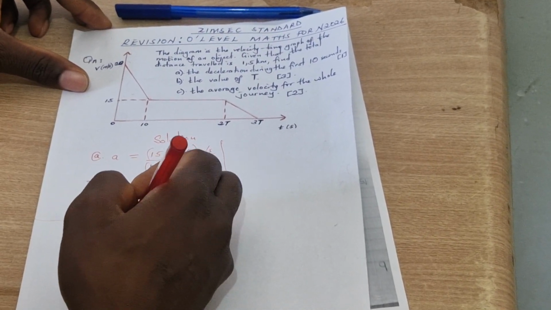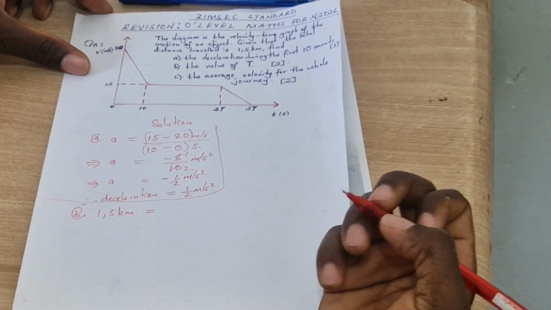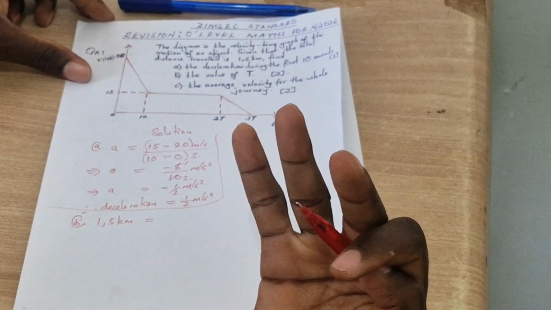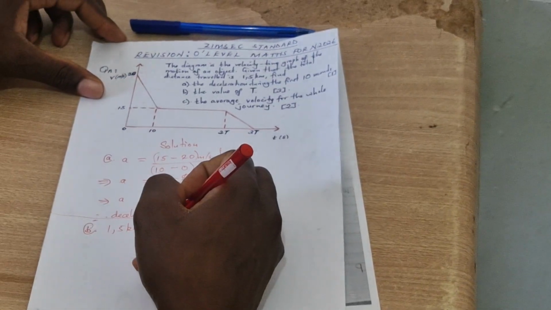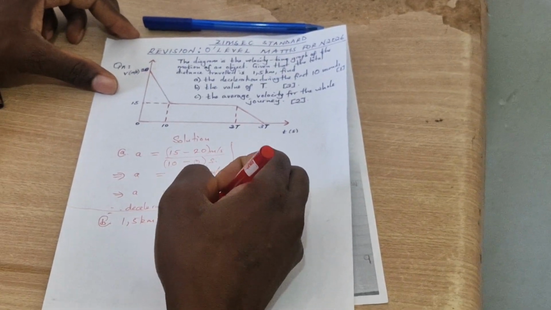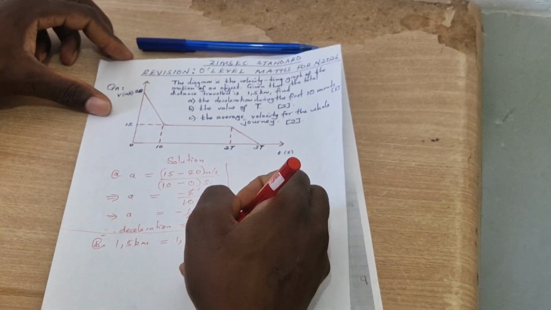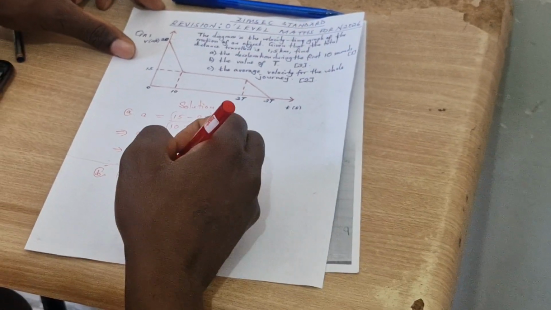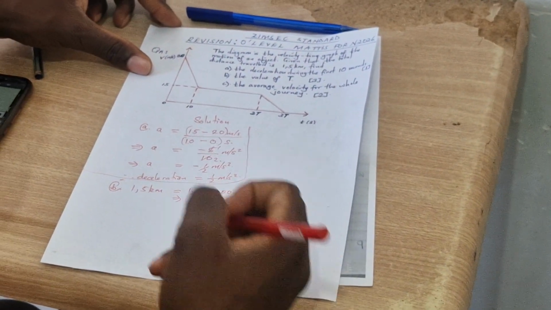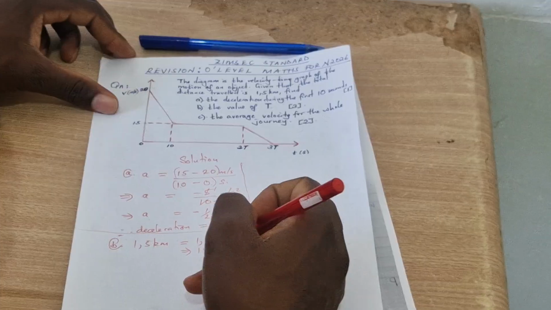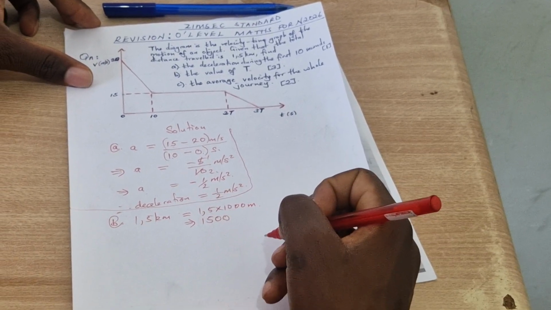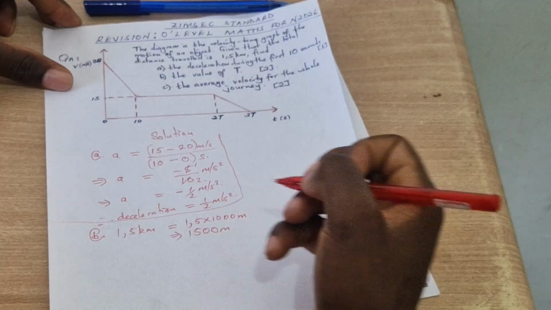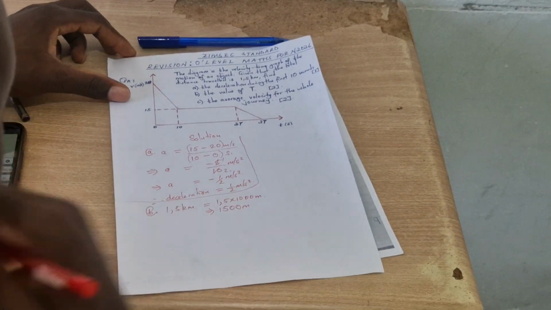So 1.5 kilometers is equivalent to, when we are converting kilometers to meters, we just multiply by 1000. So it's 1.5 multiplied by 1000. Then the units will be meters. So this gives us 1500 meters.